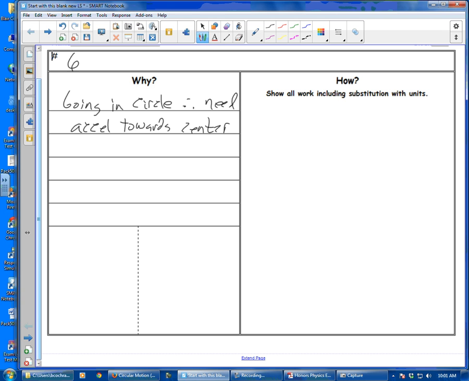And the force to create this acceleration also points towards the center.